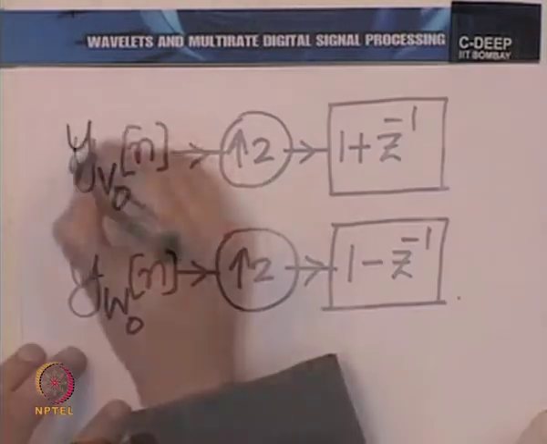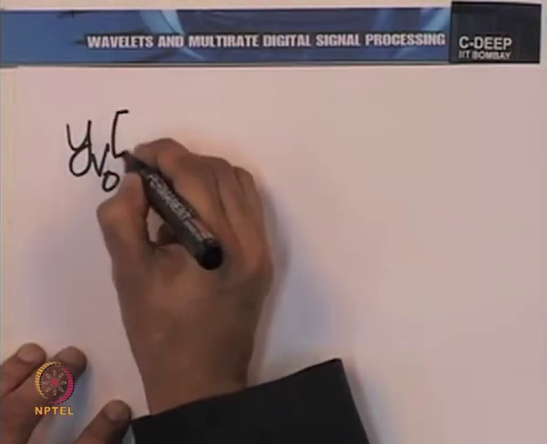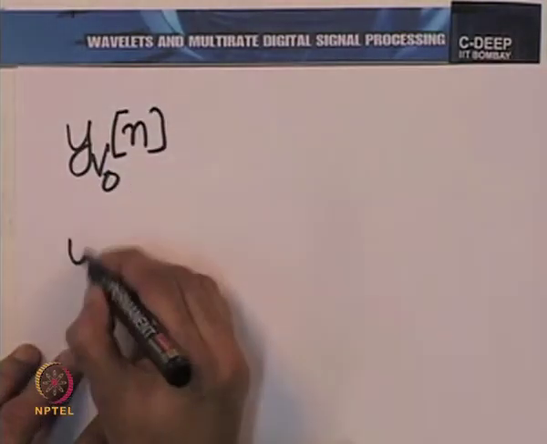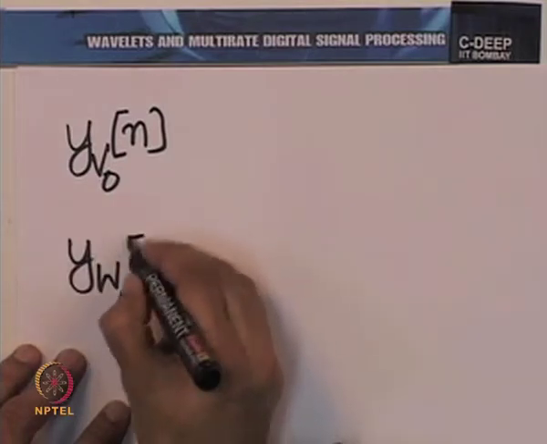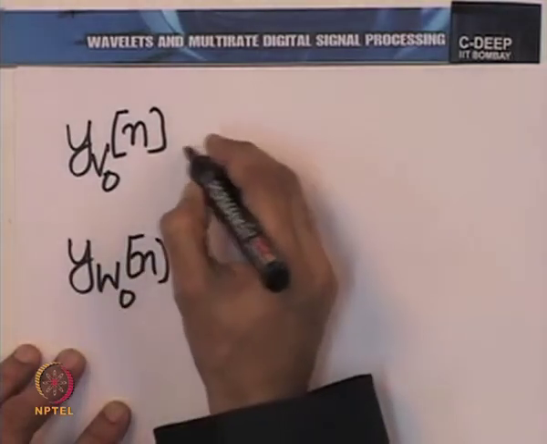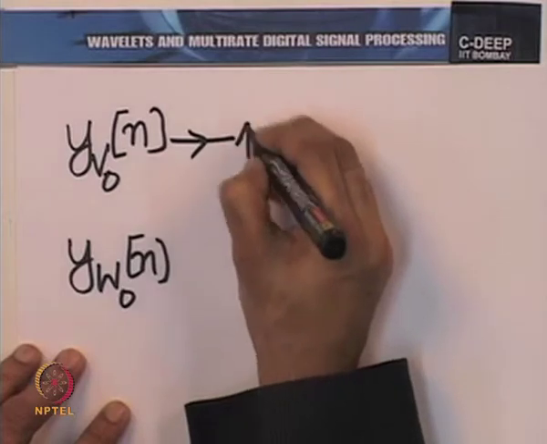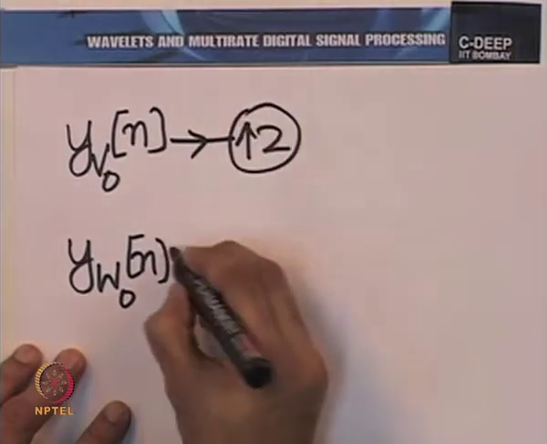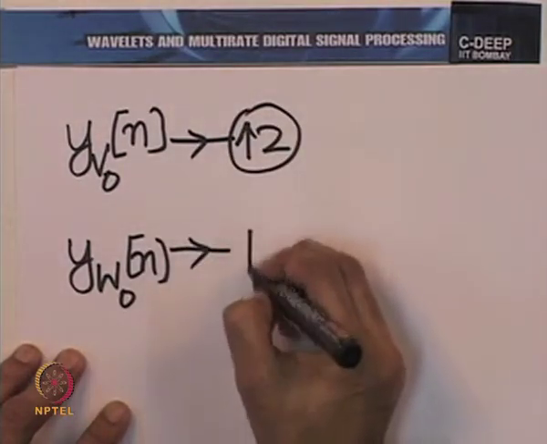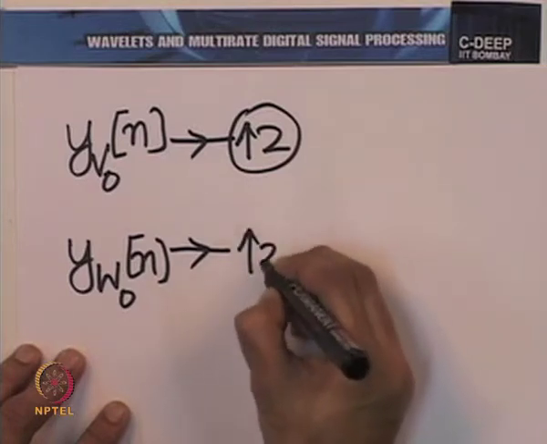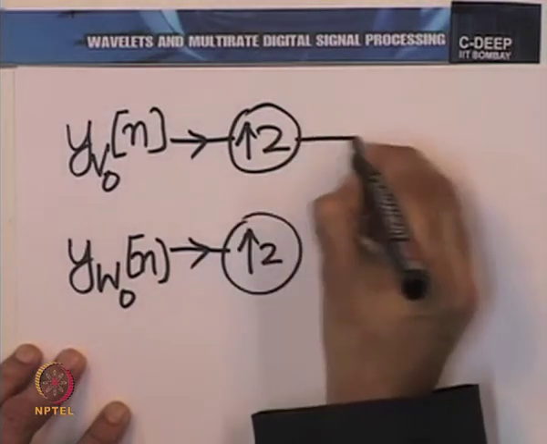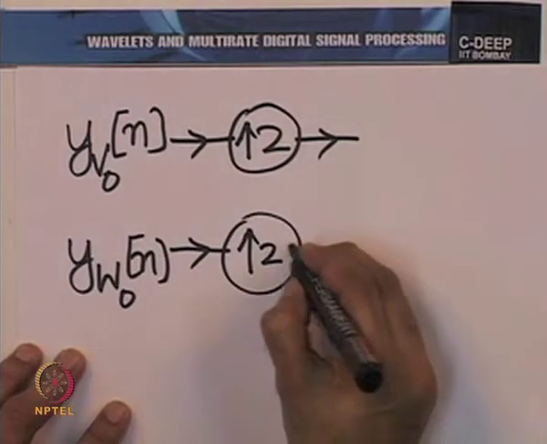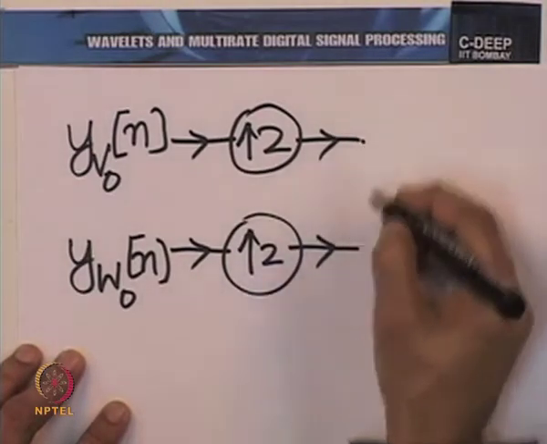Let me say instead, I have y V 0 n and y W 0 n here. I upsample them and I add and subtract. So, now I get the outputs of upsampling.